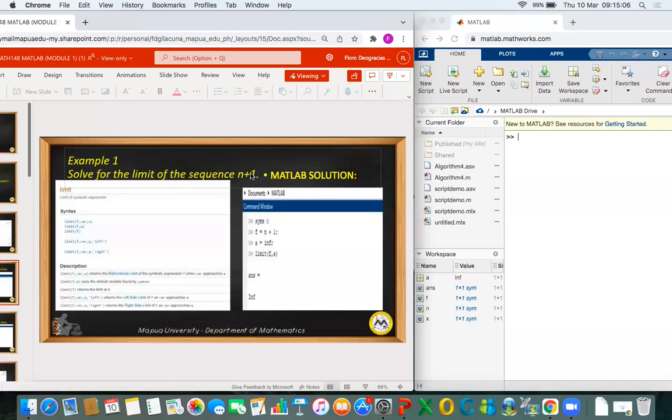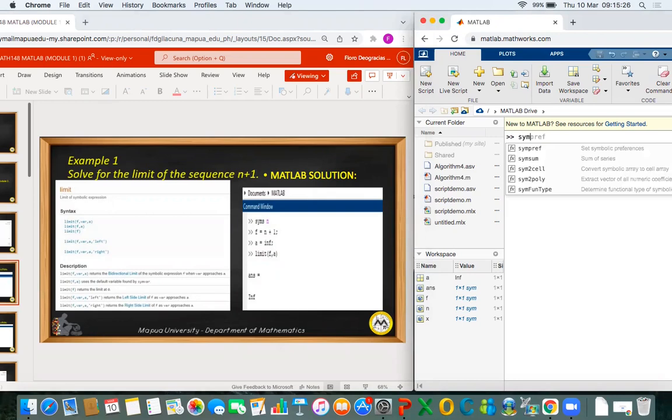And with that, let us check using MATLAB. What you will do first is to declare the variable present in your sequence, which is n. Take note, class, that in declaring a variable, you use the command or function syms. Then your variable present in your sequence, so this one is n.